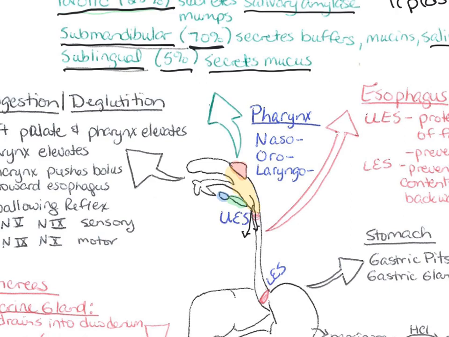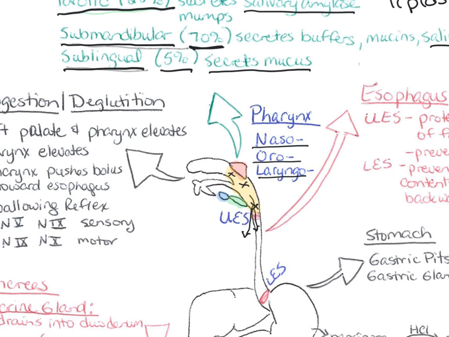Okay, so we're going to talk just very briefly about the pharynx. There are 3 different regions in the pharynx. We have the nasopharynx, which is going to be the area closest to the nose. Then we have the oropharynx, which is right behind the mouth at the back of the throat that you can see when you open your mouth. And then we have the laryngopharynx, which is just a little further down, and that's closest to the larynx.